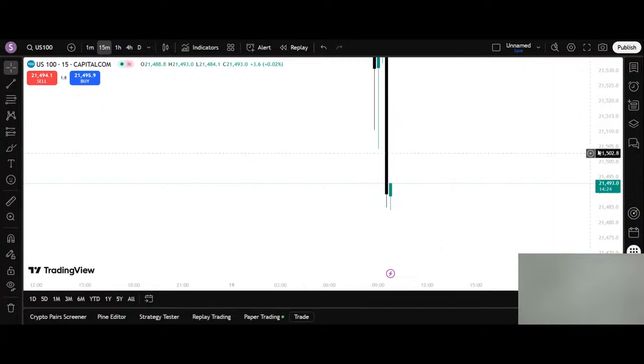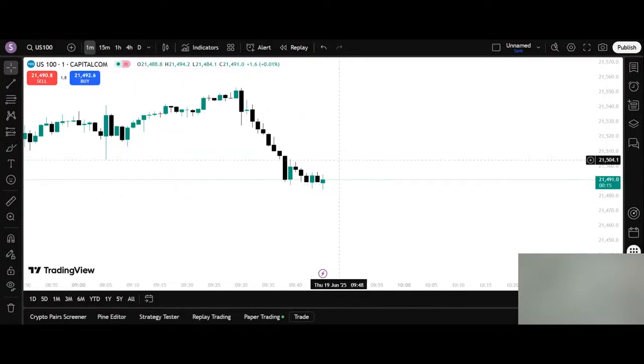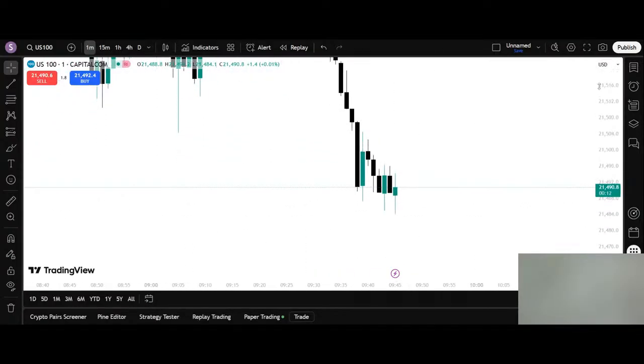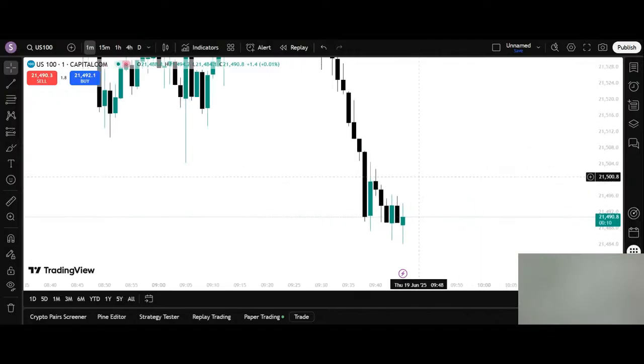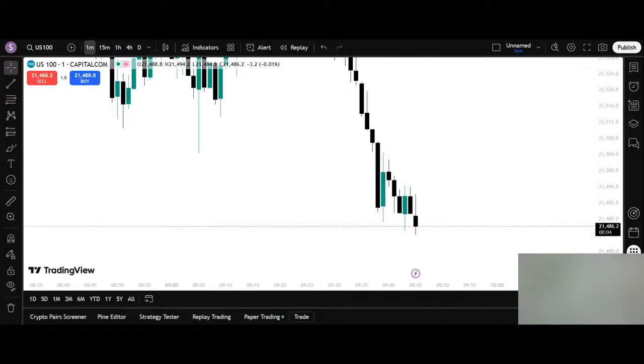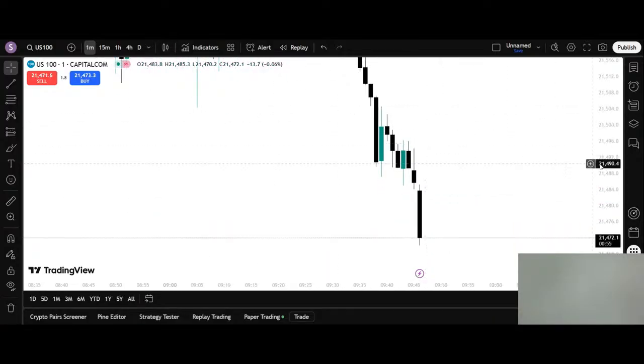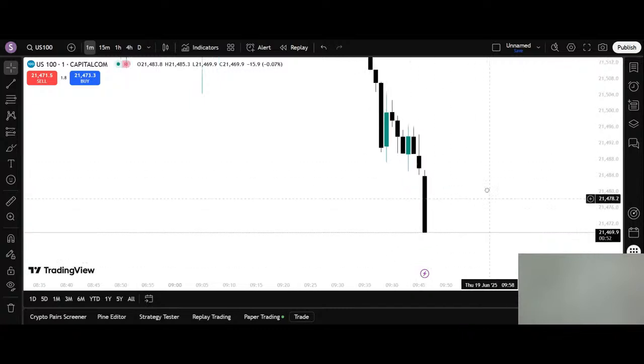The 15-minute candle has closed. It has closed bearish, very bearish. So let's see if we can find a good trade, a good setup. Whoa, that was fast.